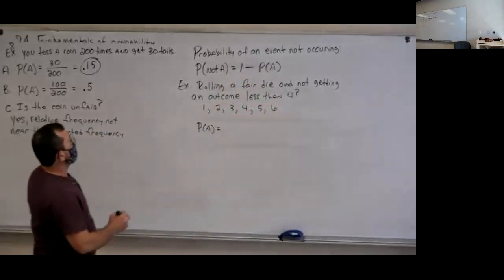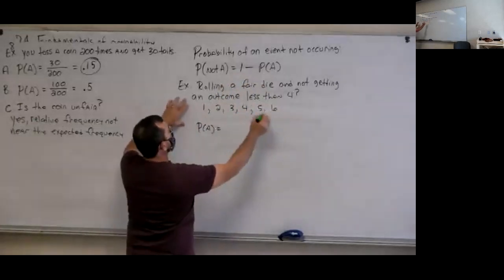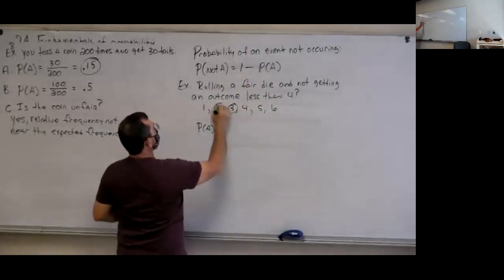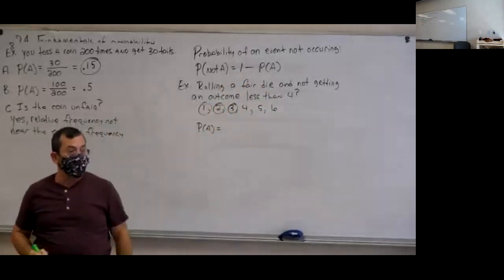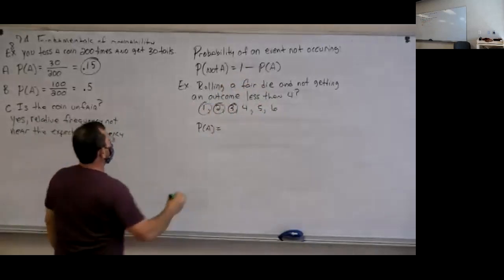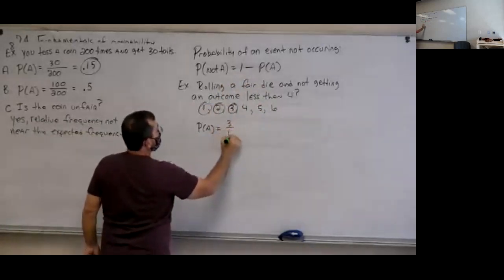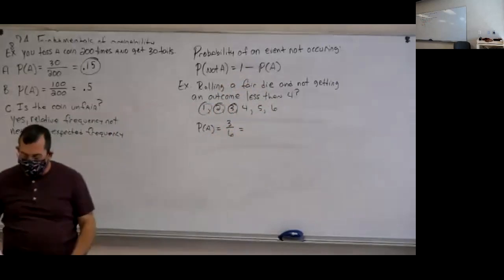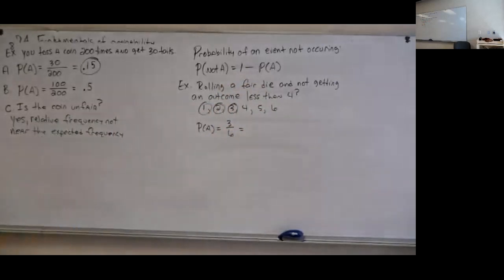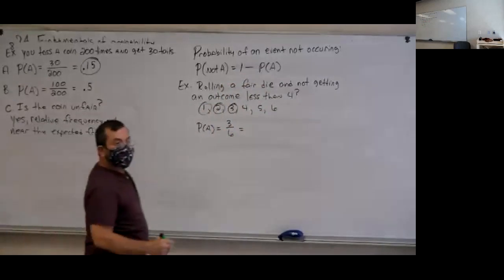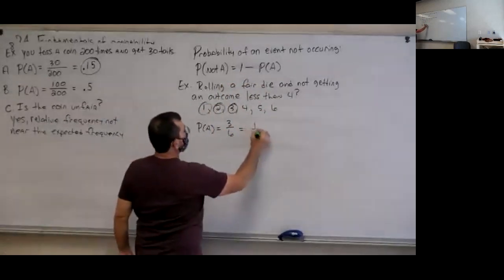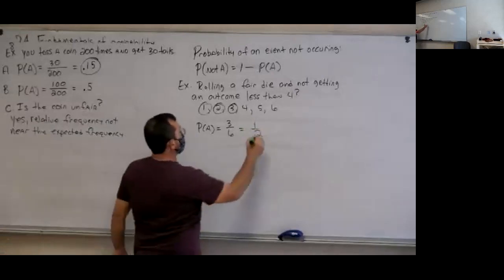There are 3 chances to get that, so that would be 3 out of my 6. Divide that out, and 3 over 6 is basically 0.5, a 1/2 or a 0.5.